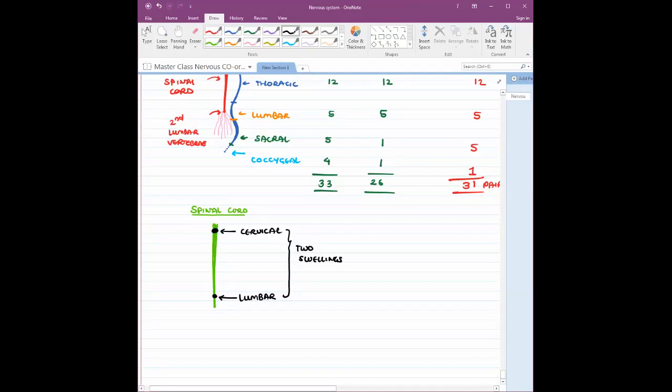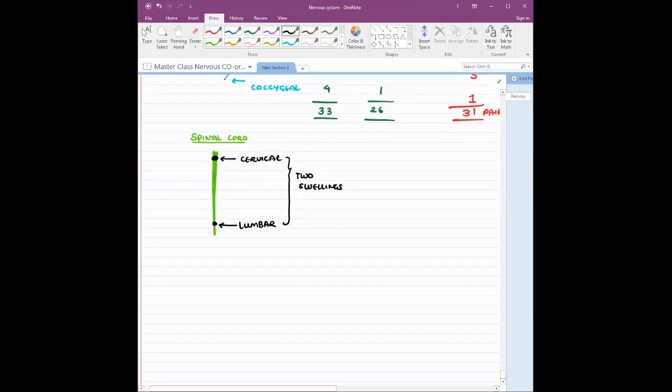But now, you know what, guys? After the lumbar, you are going to see only nerve-like things come ahead. Plus, you will see that the spinal cord ends in a cone-like structure.